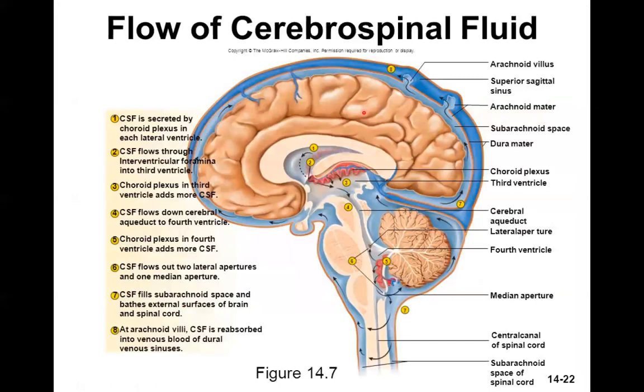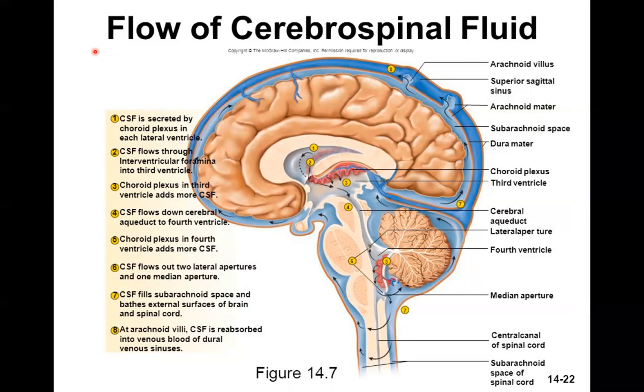And I'll go over a little bit more detail about cerebrospinal fluid and the flow of cerebrospinal fluid. So cerebrospinal fluid, or CSF, it has three really important life-sustaining functions. So it keeps brain tissue buoyant, it's acting as a cushion or a shock absorber.